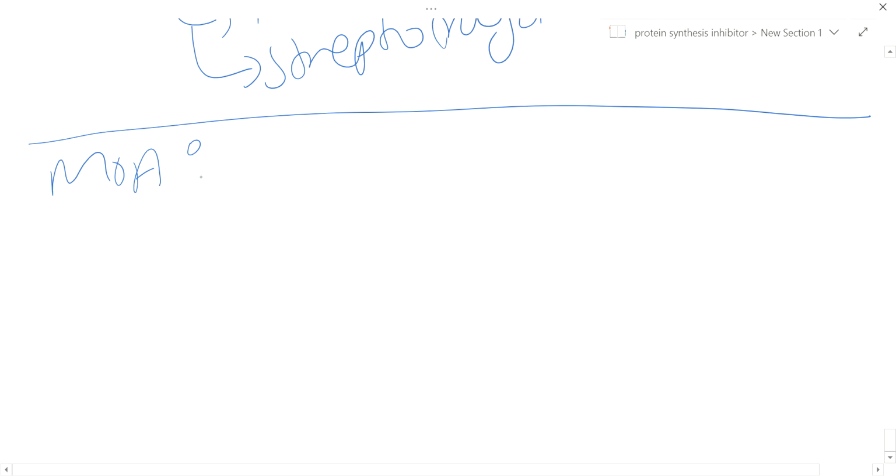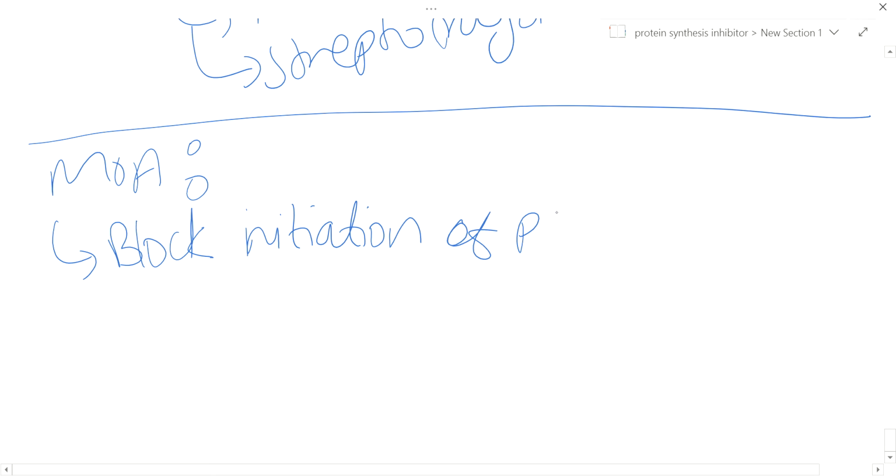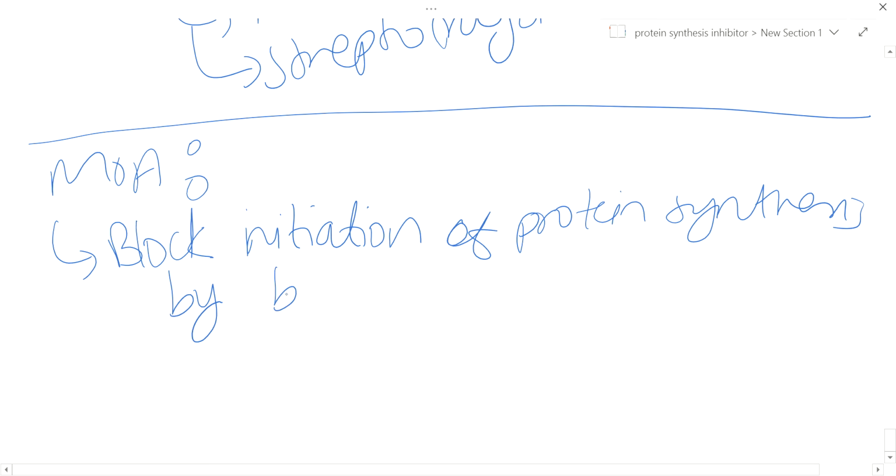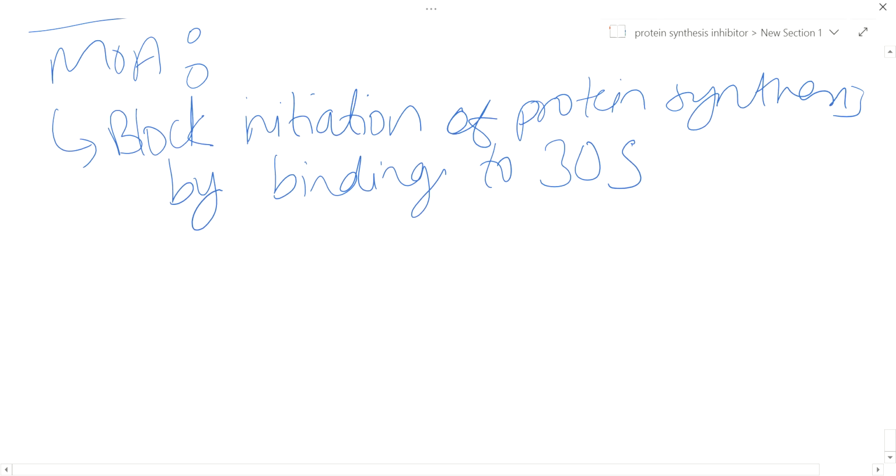As we have already discussed earlier, aminoglycosides block the initiation of protein synthesis by binding to the 30S subunit of ribosome. By binding to the 30S subunit, it causes misreading of genetic code.